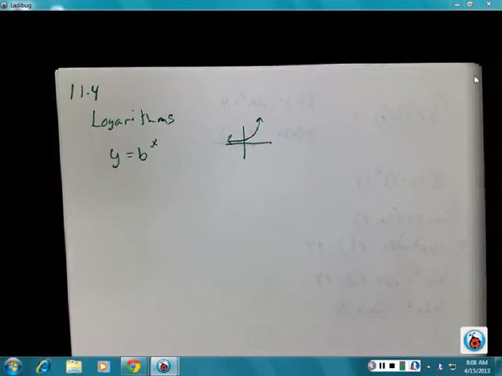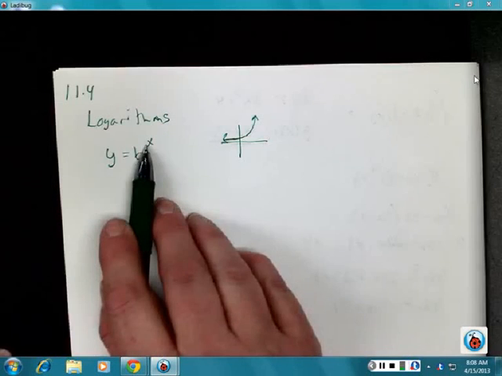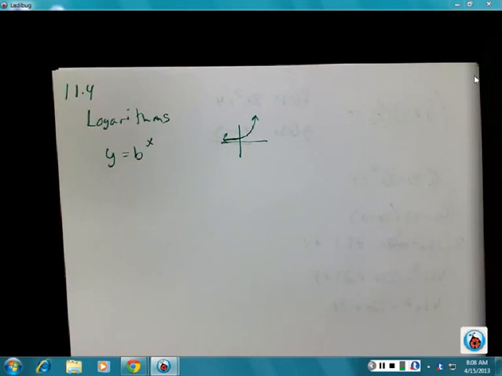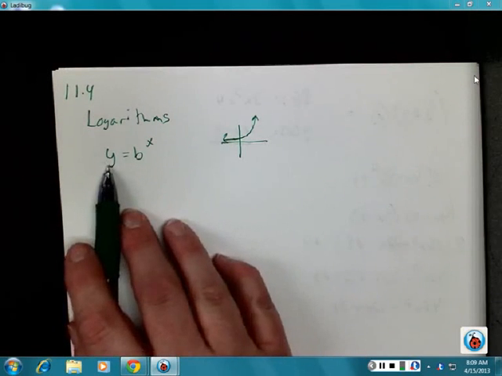We also had worked with reversing our exponential values. That's where we put in x where y was at and y where x was at, and we ended up reversing our values, because if we found that they were in one-to-one correspondence, we could do that.